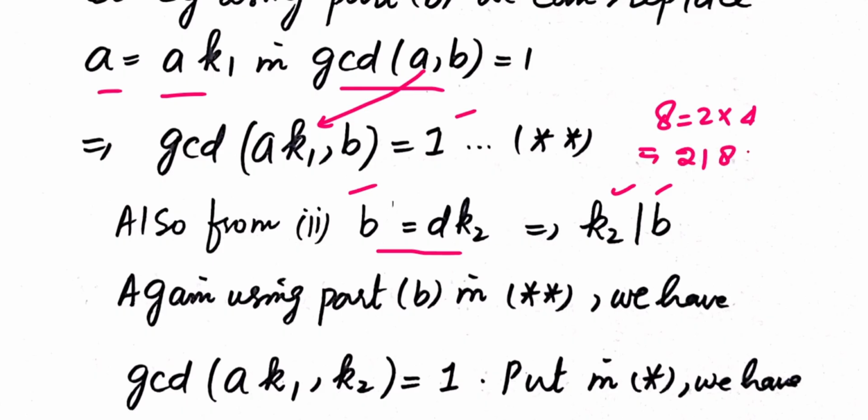This also shows that 4 divides 8. So this is the definition of divisibility. When you express one integer as the product of two integers, then it shows that each factor divides that integer. This is the Euclid theorem of divisibility.